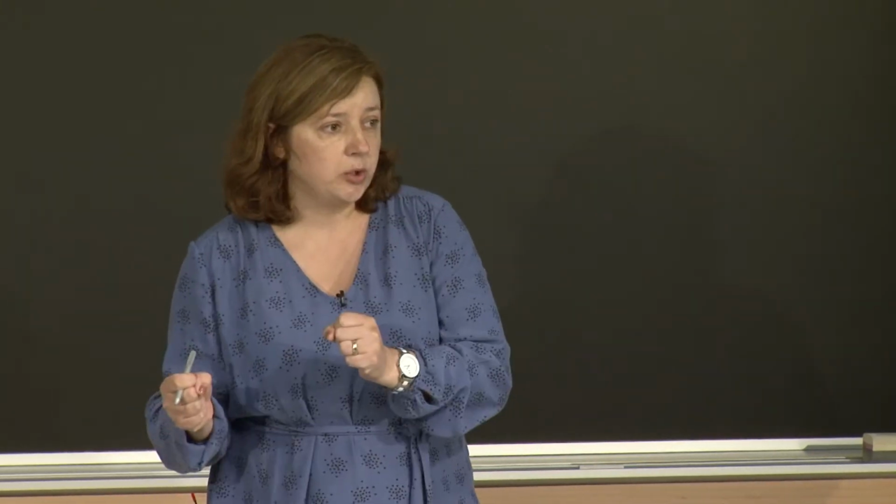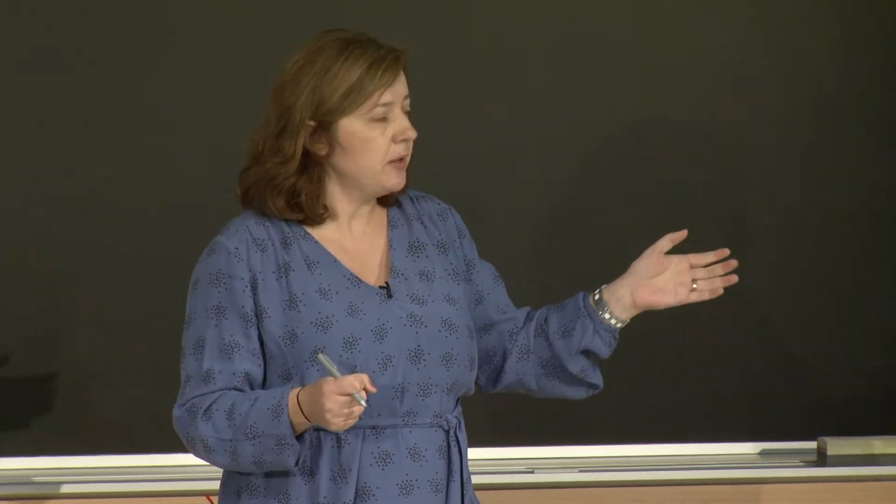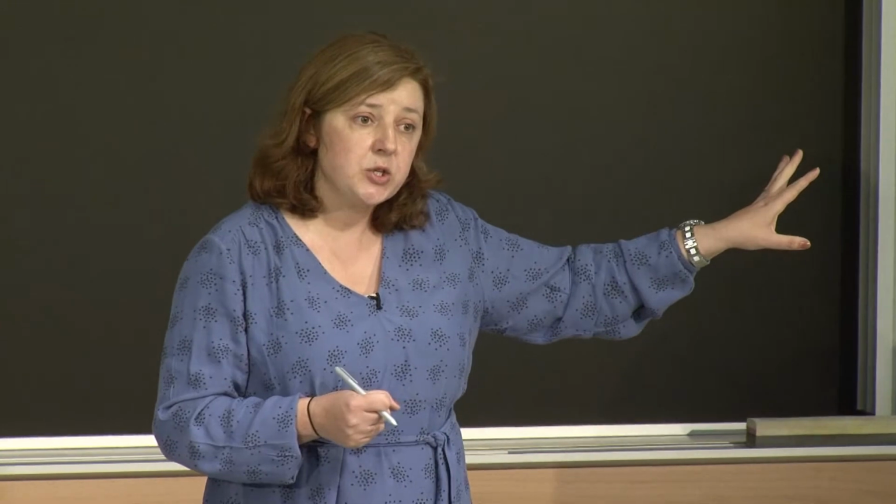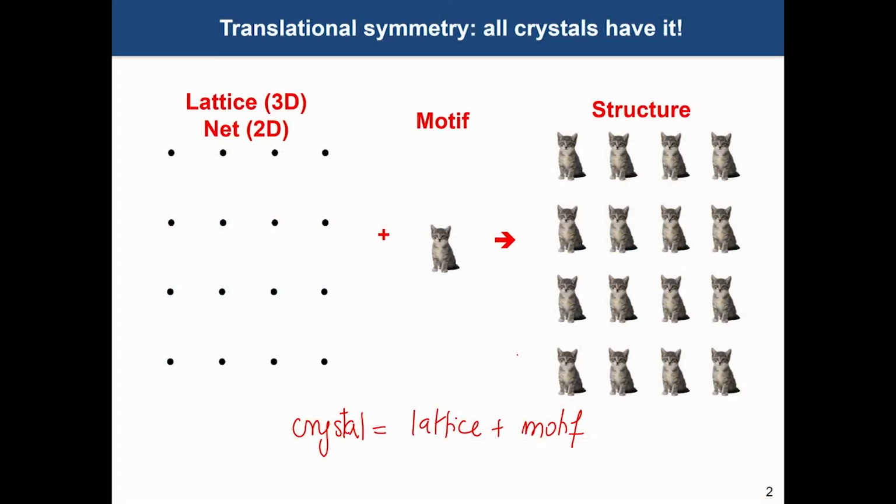The second component of a crystal, in addition to the lattice itself, is the motif. The reason we use this specific illustration is to show that the motif itself can be anything. The motif can have a symmetry, or it doesn't have to have any symmetry. What we will learn throughout the semester is that the combination of motifs and lattices is not arbitrary.